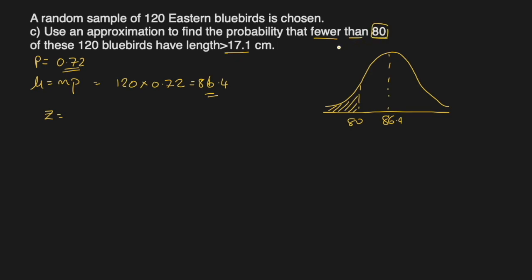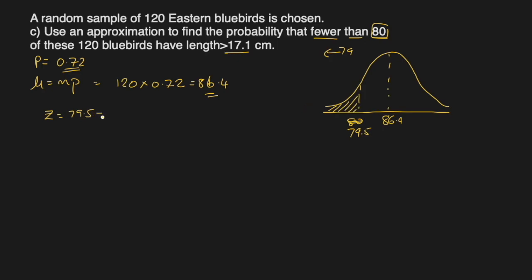Fewer than 80 means 79 and below, right? And since this is discrete data, to make it closer, we will use 79.5 as X. So if I find Z score for 79.5, it will be 79 and below.